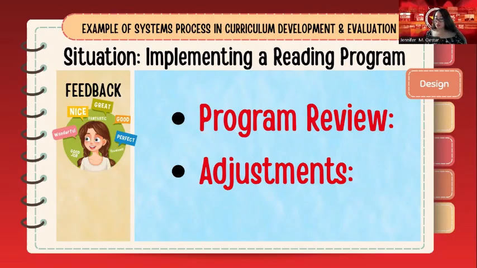If the objectives were met, the program is continued. If not, adjustments are made. Then we have the adjustments that might be providing additional teacher training, modifying the lesson plans, or selecting different resources that are more suited to the needs of the learners.